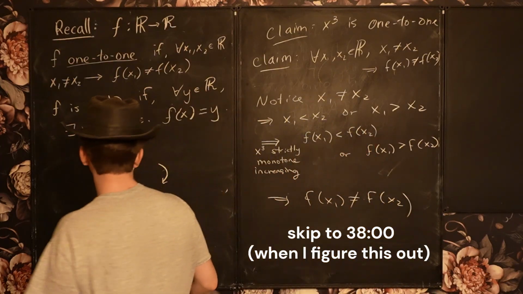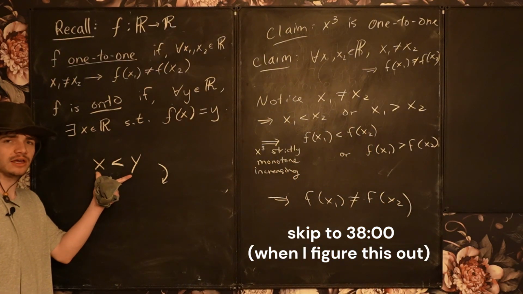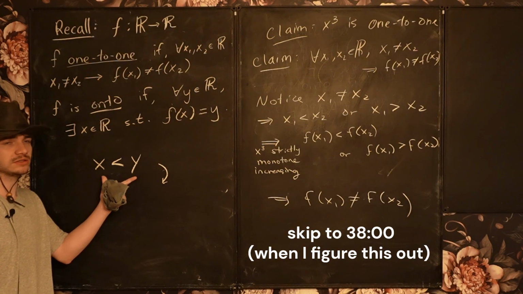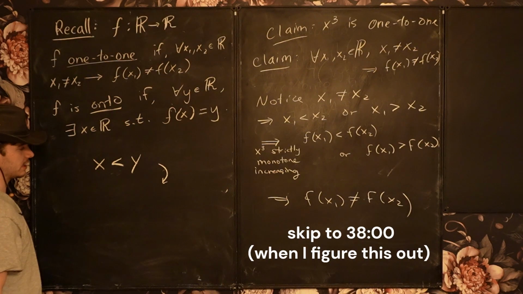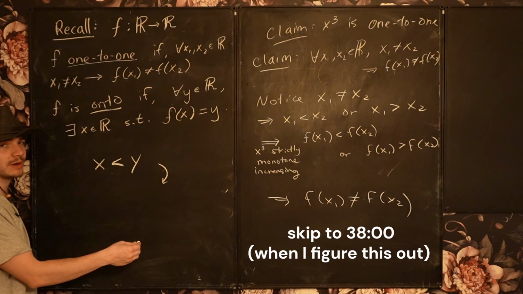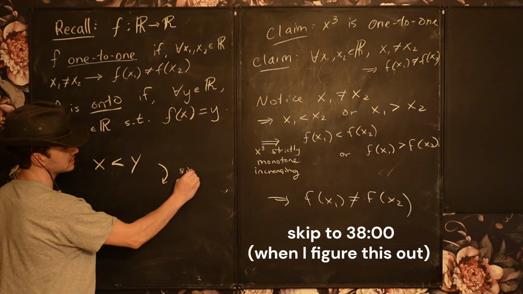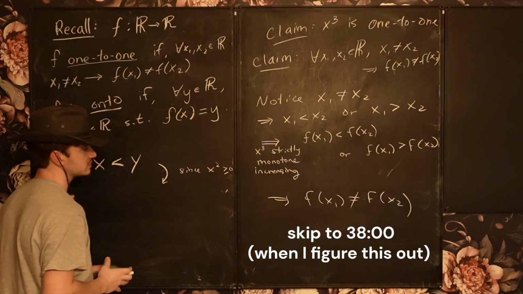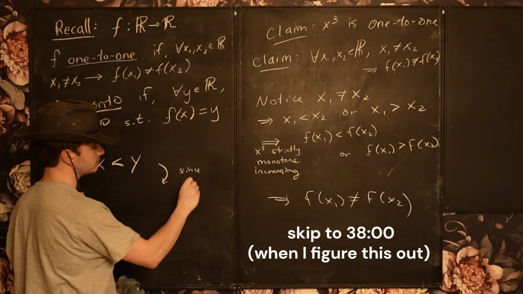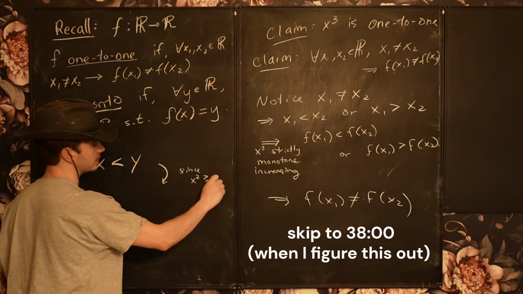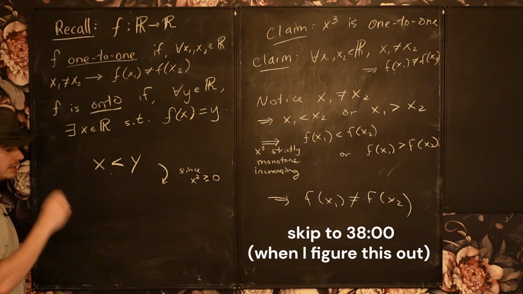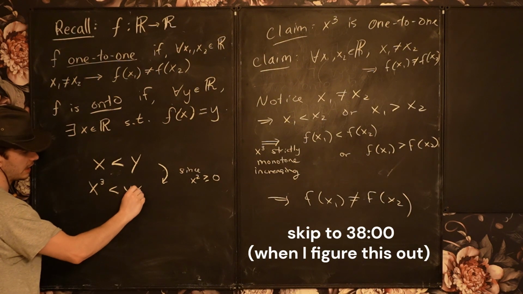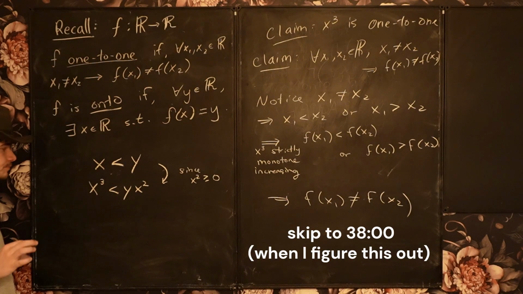So in order to multiply this expression by a number, I need to make sure that number is positive to keep the inequality sign. So in this case, I'm going to multiply both sides by x squared. And since x squared is greater than or equal to 0, when I multiply this inequality by x squared, I get x cubed is less than y x squared, okay?